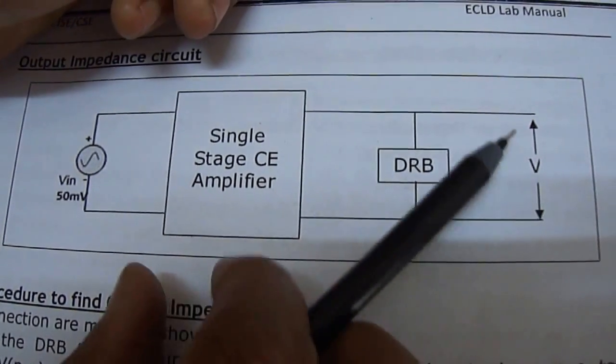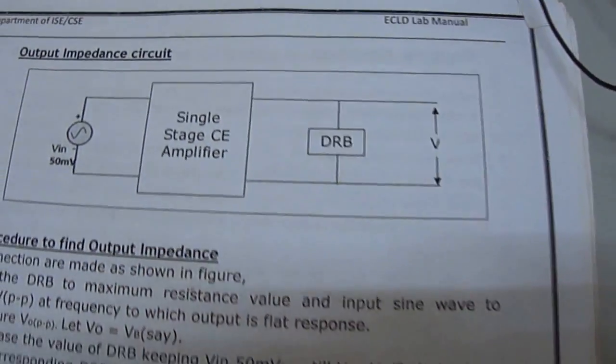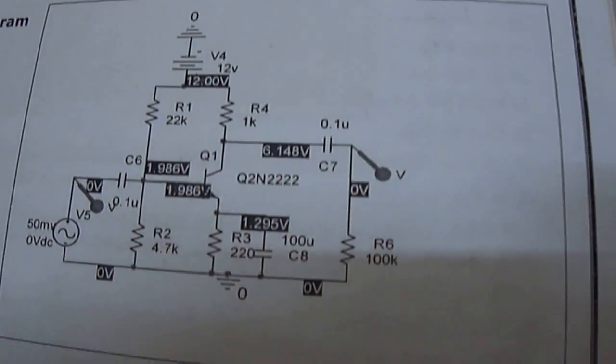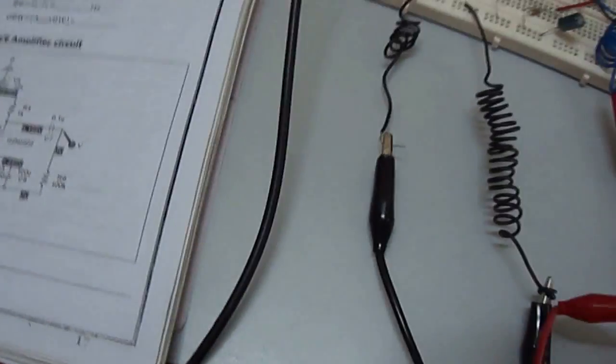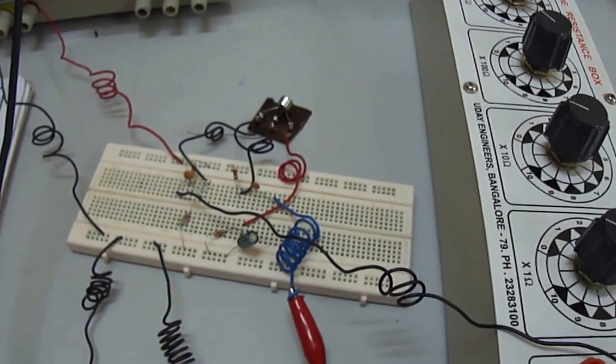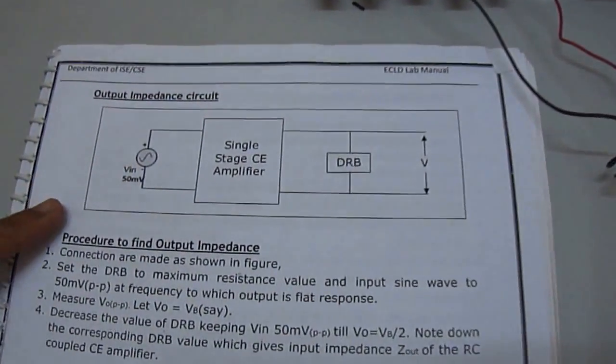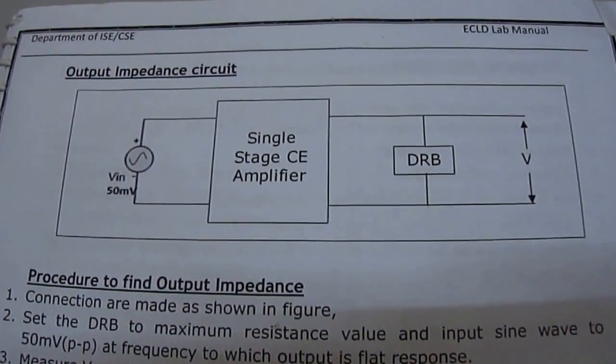This terminal is connected to the DRB positive. Then negative of the CE amplifier is connected to the DRB negative. Then connect the voltage output across this capacitor and ground. This is the circuit diagram of the output impedance circuit.